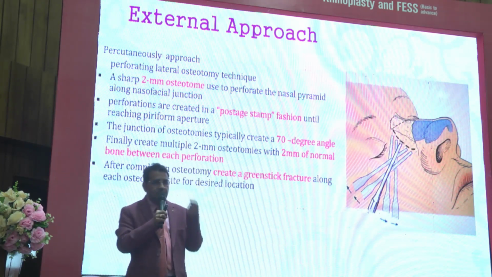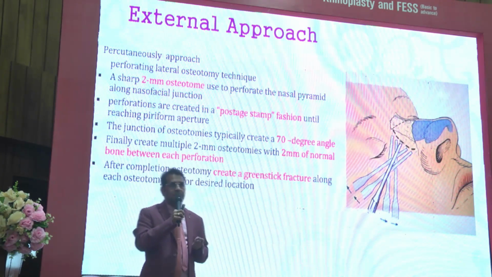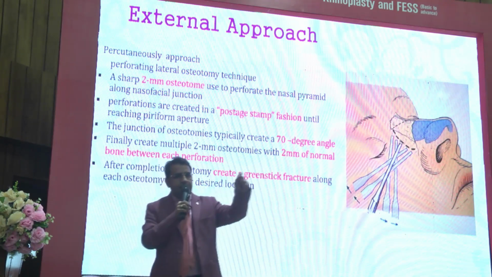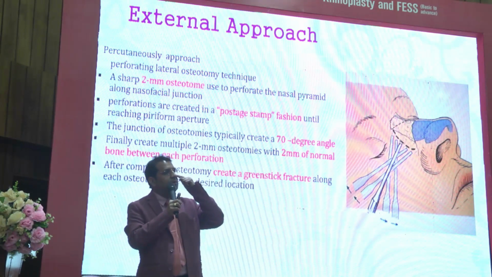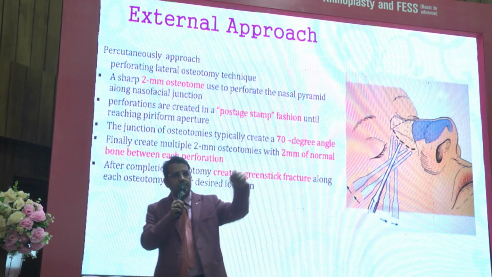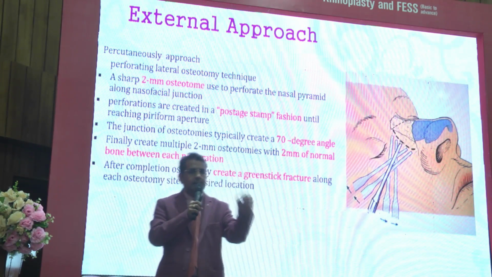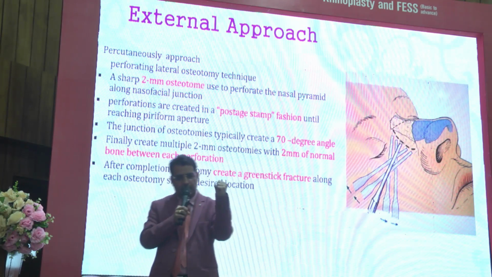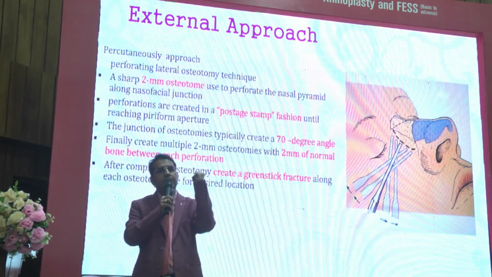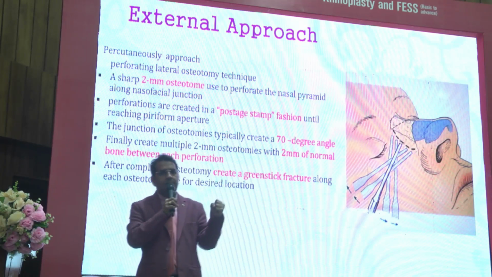So at least you need good instruments, the 2 mm osteotomes. Where you mark externally, at the junction of the nose and cheek, you mark in the nasofacial groove, make a small stab incision, and then engage your osteotome at around 70 degrees. Why 70 degrees?